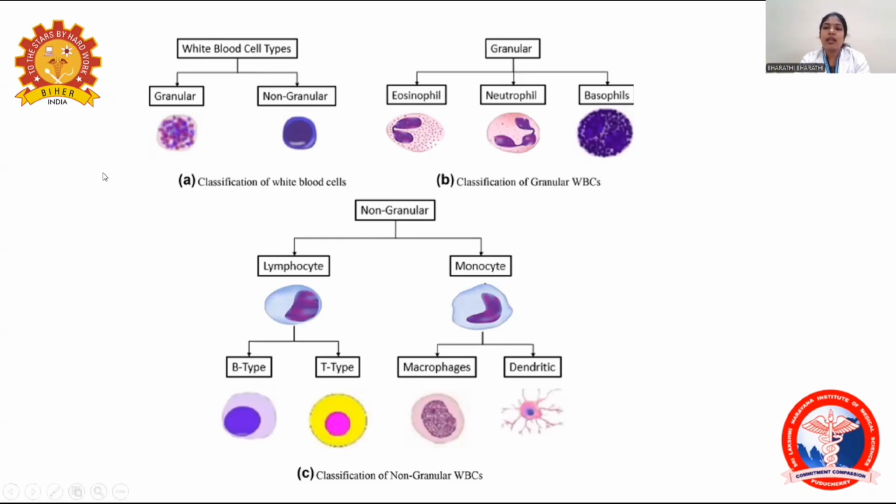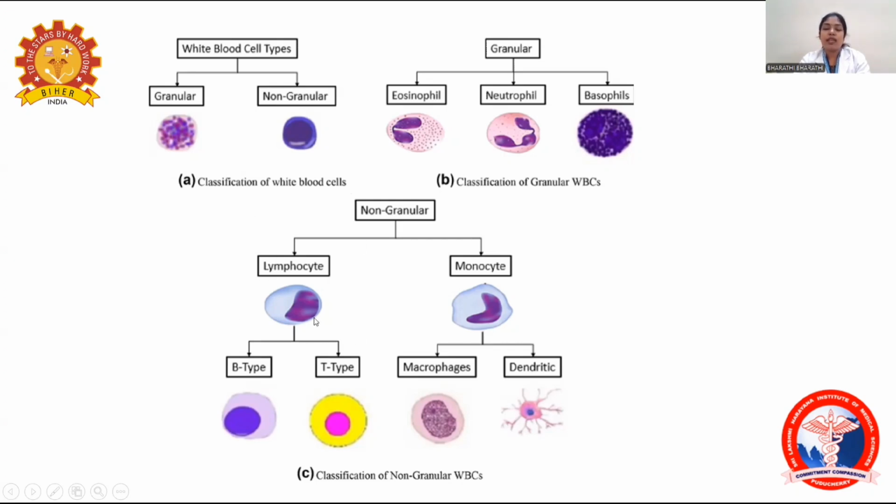Granulocytes are the WBCs which have granules in them, like eosinophils, neutrophils and basophils, which have dense granules in their cytoplasm. Agranulocytes are the cells which do not have granules in the cytoplasm, such as lymphocytes and monocytes.